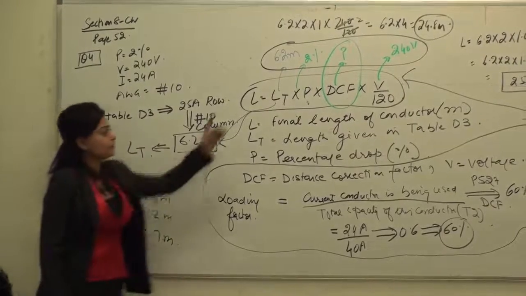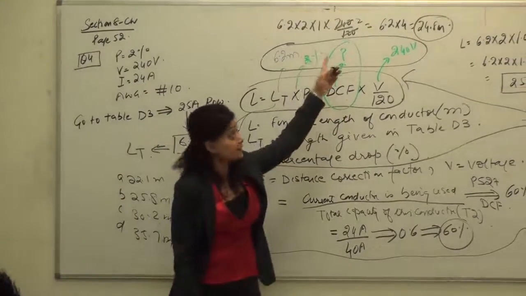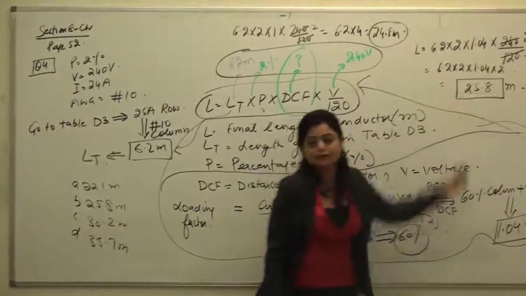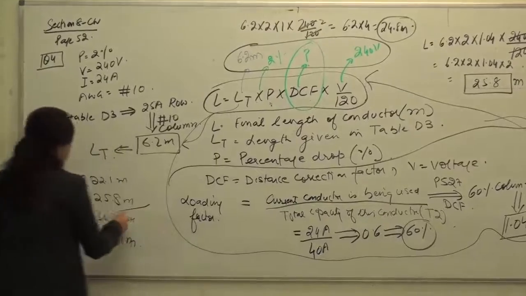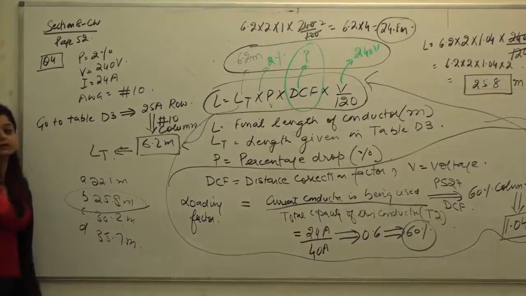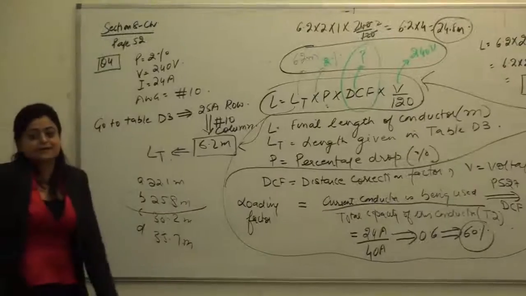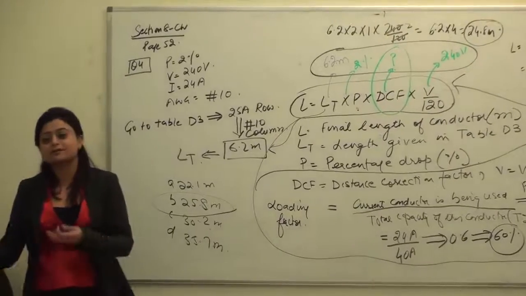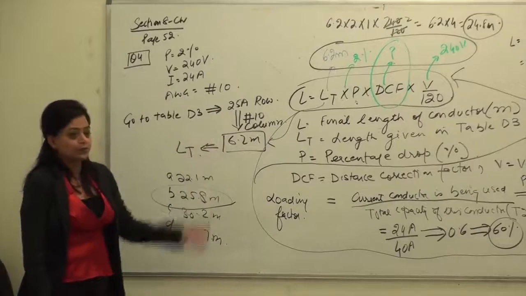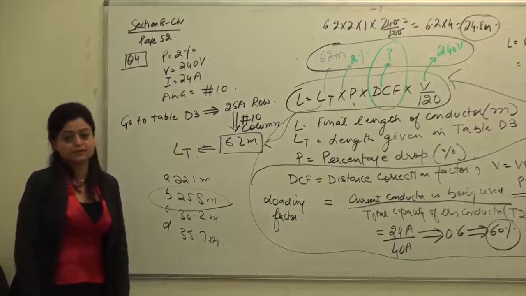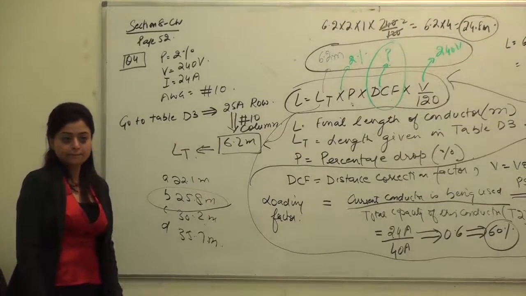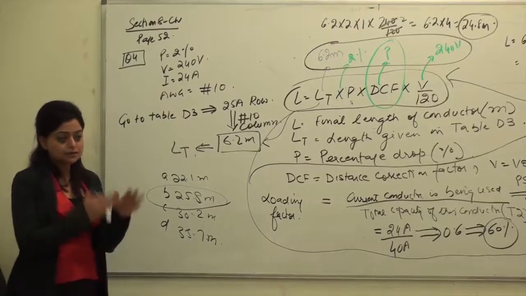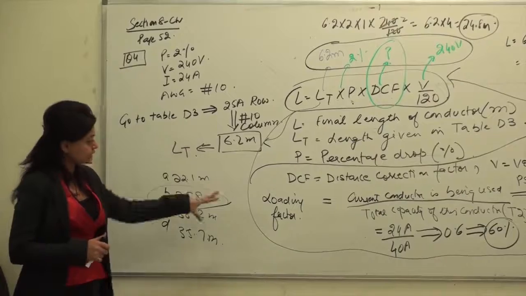Even if you did not calculate your DCF, your answer came out to be about 25. Your real answer is 25.8. You will still be able to figure out that this is your closest match, because DCF is 1.04, 1.08, 1.0 something. So even if you use 1, you will still be able to get this question right in your exam. So that's the technique you can use to bypass that step of DCF.